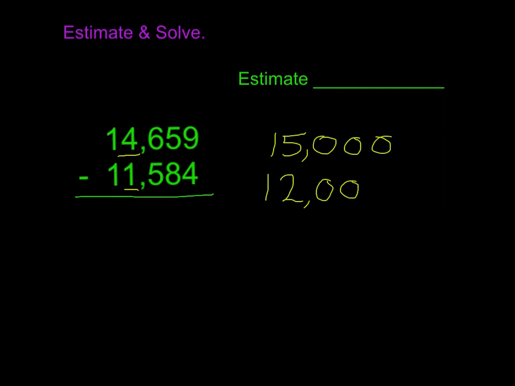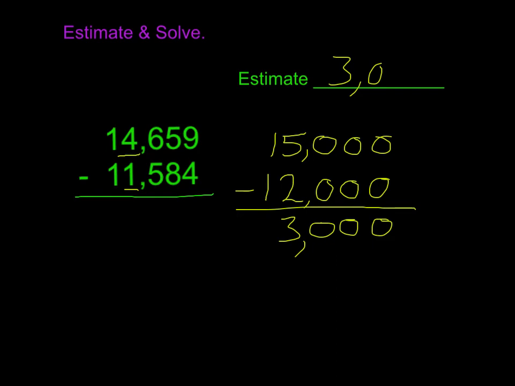Everything to the right turns into a 0. Then I can subtract. 5 subtract 2 is 3, and 1 subtract 1 is 0, which will give me 3,000. So my estimate of 14,659 subtract 11,584 is 3,000.